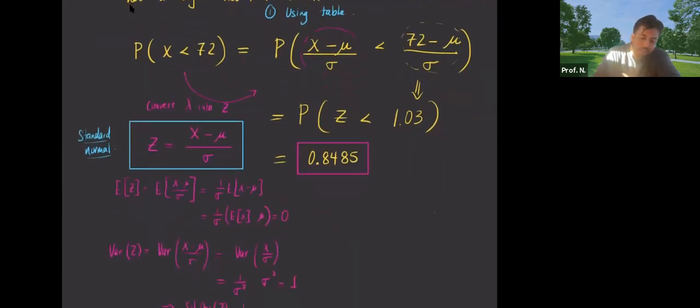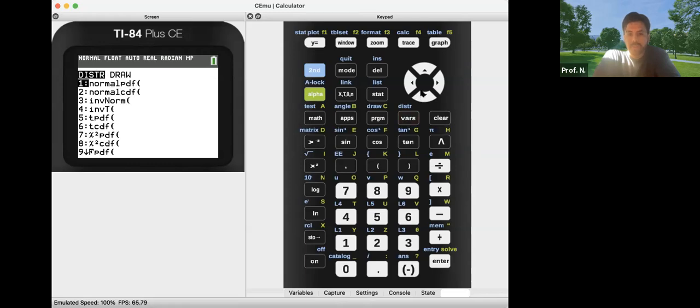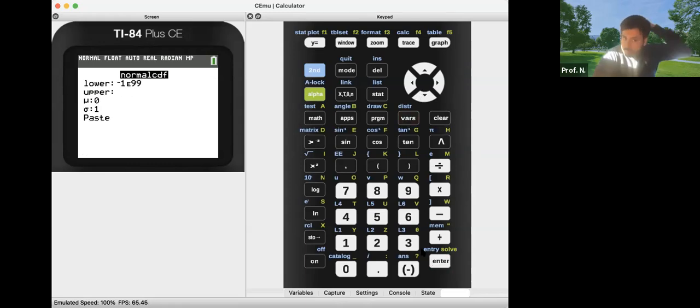Now, what if I use my calculator instead? So this is why the calculator is very powerful, because now I'm going to use the normal CDF. My lower bound here is negative infinity. My upper bound here, I'm going to put 72.